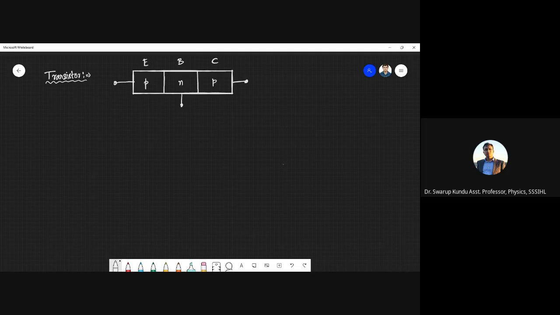Now, three regions. Coming to the doping concentration: we learned in the diode that sometimes we make one side heavily doped to get an abrupt junction, or to get a certain quality in the diode. If you want a fast response diode, we make one side heavily doped and the other side a metal junction. For a transistor to work more efficiently, as we'll see, the emitter region is heavily doped, the most heavily doped of these three regions.